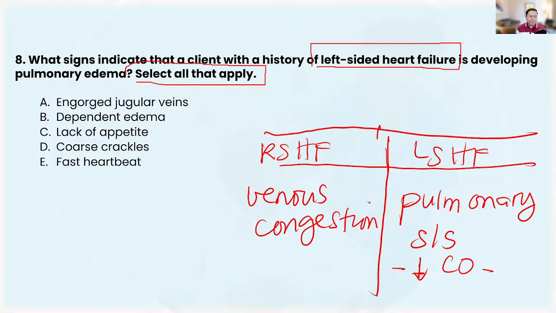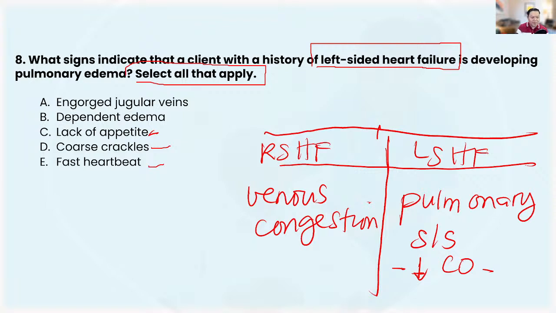We are talking about left-sided heart failure, so the correct answers are only letter D and letter E. Lack of appetite is not really closely associated with left-sided heart failure. This can be associated with so many others. Non-specific manifestation, okay?